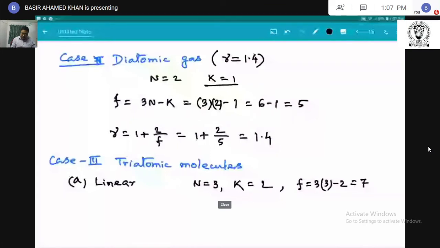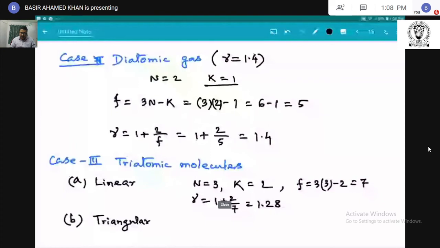Therefore, gamma equals 1 plus 2 by 7 equals 1.28. And for a triatomic molecule of triangular shape, there are linear shape and triangular shape.